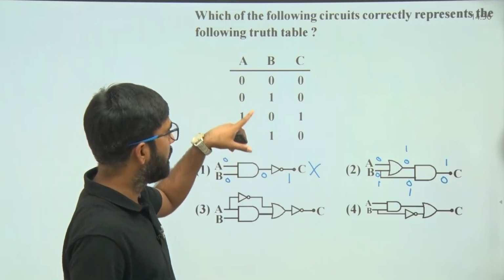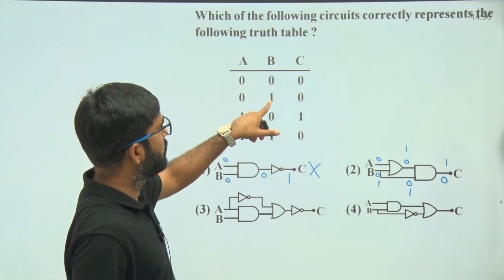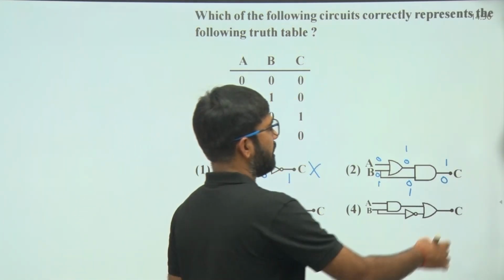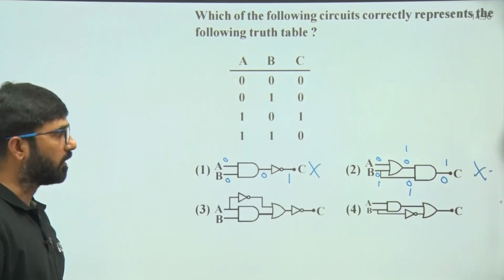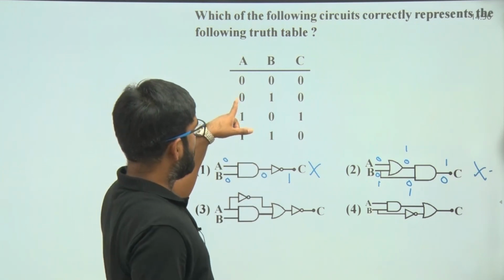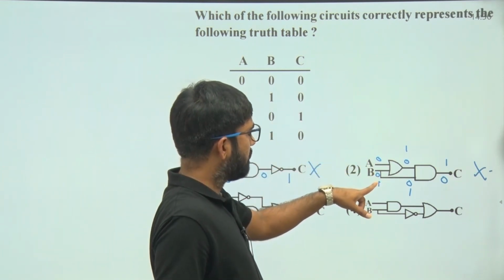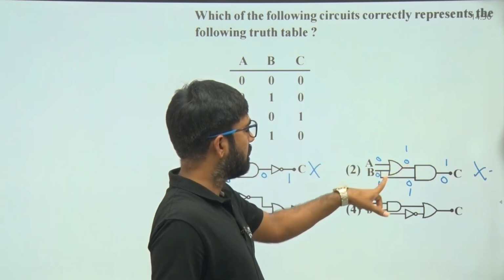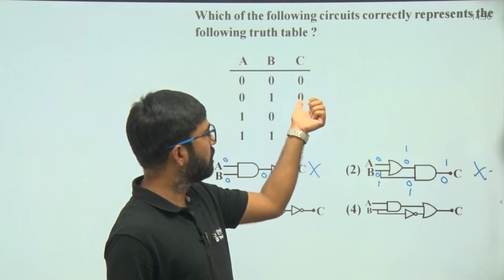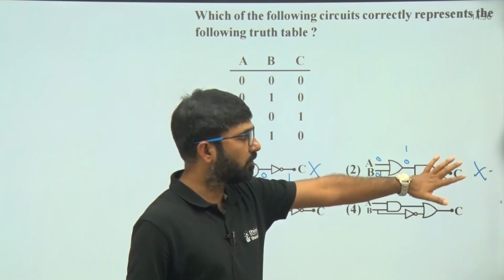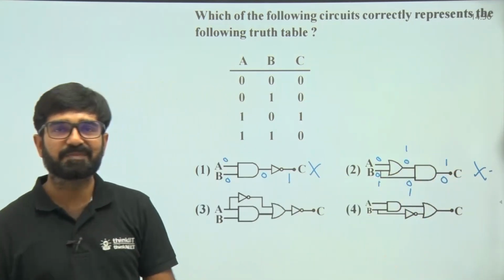According to the table, if A is 0 and B is 1, the output is 0. That means this is incorrect, and this option is also incorrect.